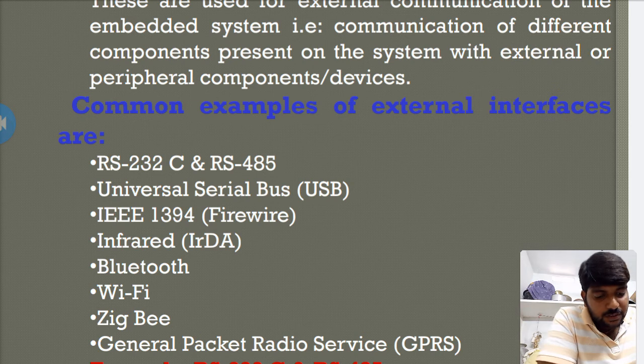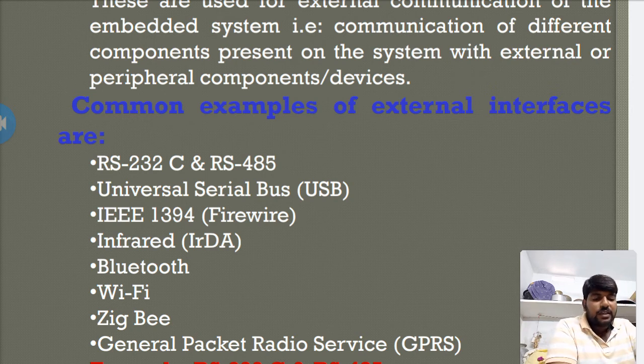Zigbee is also a low power, low cost wireless network communication protocol based on the IEEE 802.15.4-2006 standard. Zigbee is targeted at low power, low data rate, and secure applications for wireless personal area networking.